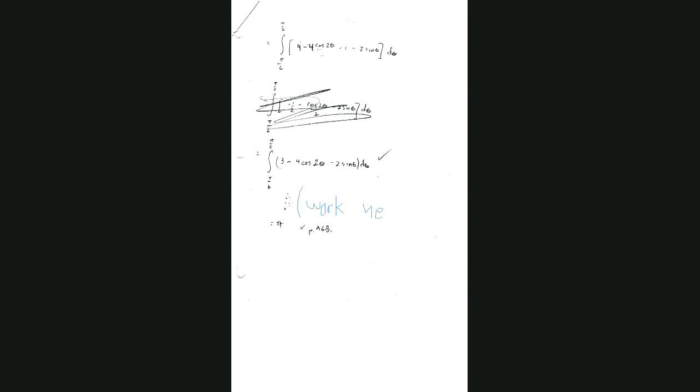And when you do the work, you will get pi. And that is what WebAssign is going to want, and that's what I'm going to want. I do not want a decimal, and WebAssign is very picky on decimals, so make sure you give me a simplified radical form answer for all of these problems.